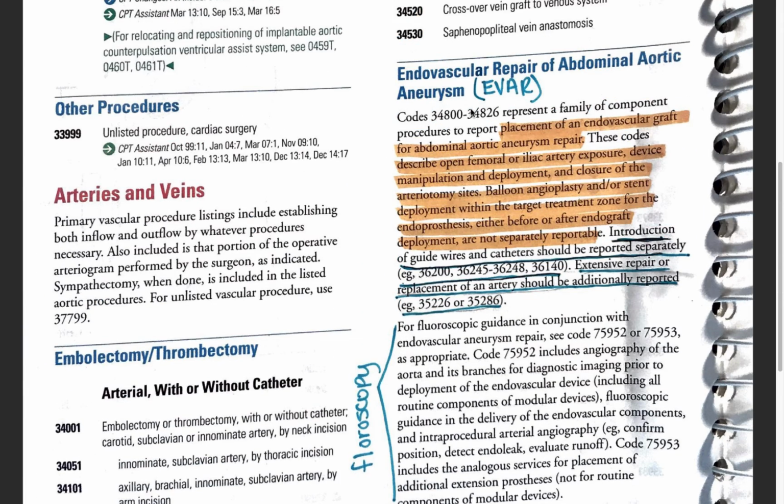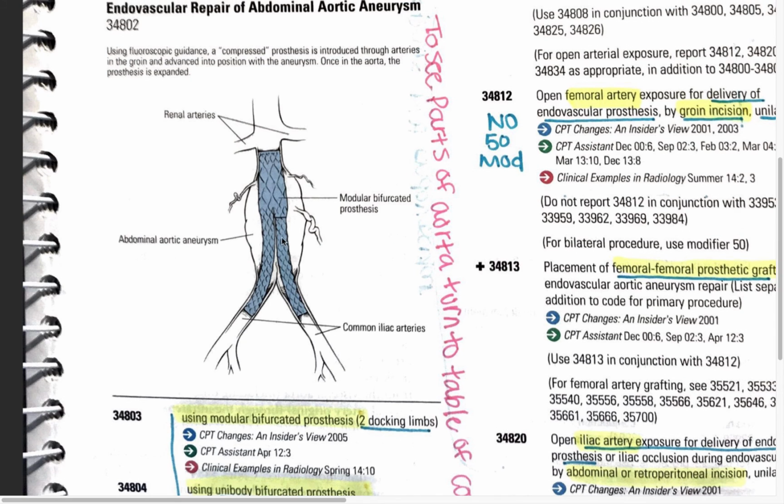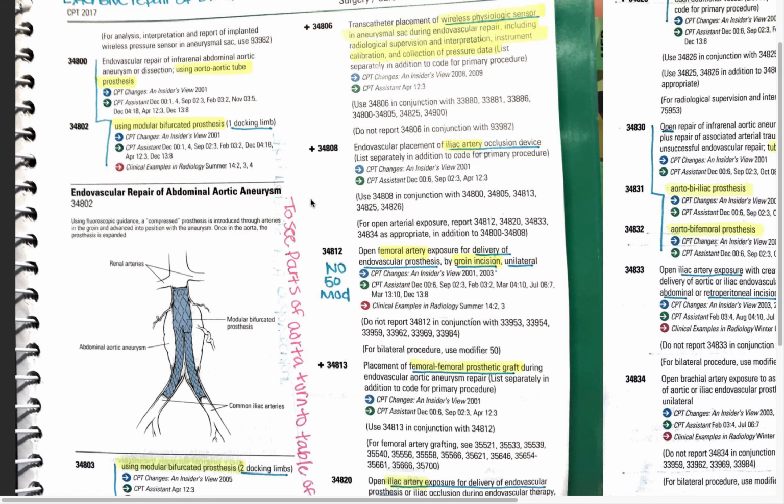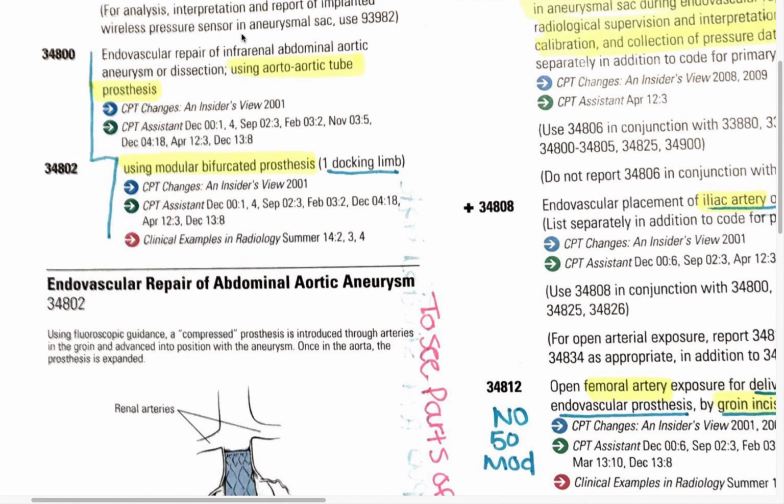This section starts right here, and see how I put EVAR in parentheses. Here's a diagram of them doing an EVAR procedure. You can see the mesh, which is controlling the aneurysm. 34800 is endovascular repair of infrarenal, so that's the part below the renal artery, of an abdominal aortic aneurysm.